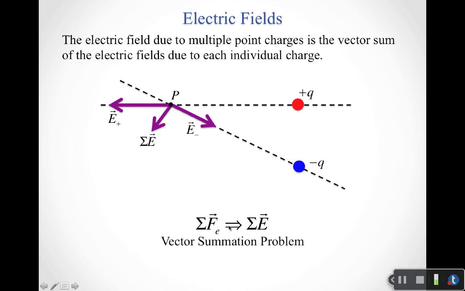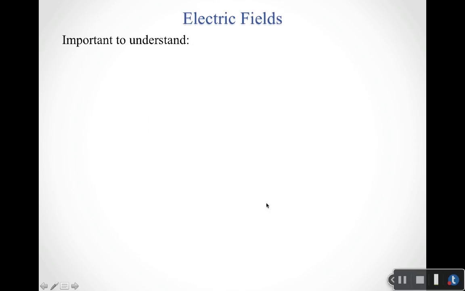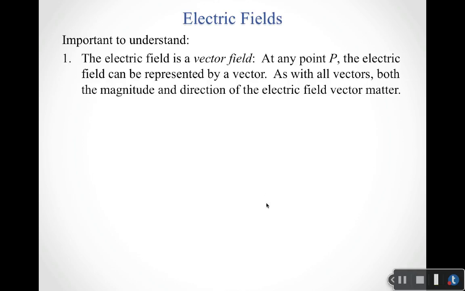And so this is just emphasizing that in the same way that we've been working, the net electric force on some charge is a vector problem, well, the net electric field due to multiple charges is also a vector summation problem. And so we just need to add together the electric fields as vectors. All right. So the critical things that we have to make sure that we come away understanding here. The electric field is a vector field.